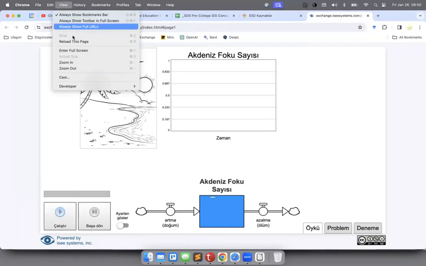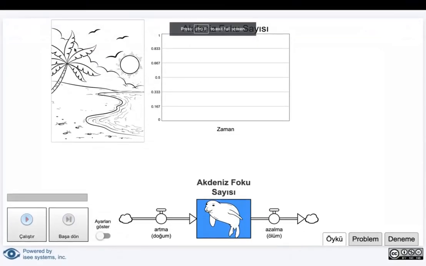This is in, of course, Turkish, but this is the number of seals in the Mediterranean. They are probably going to be extinct, but there is work being done to save them. So this is a ready-made interface.